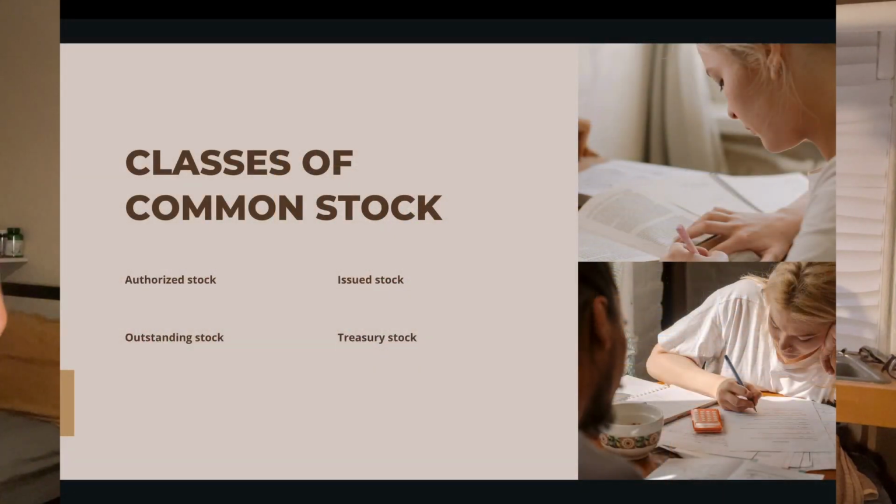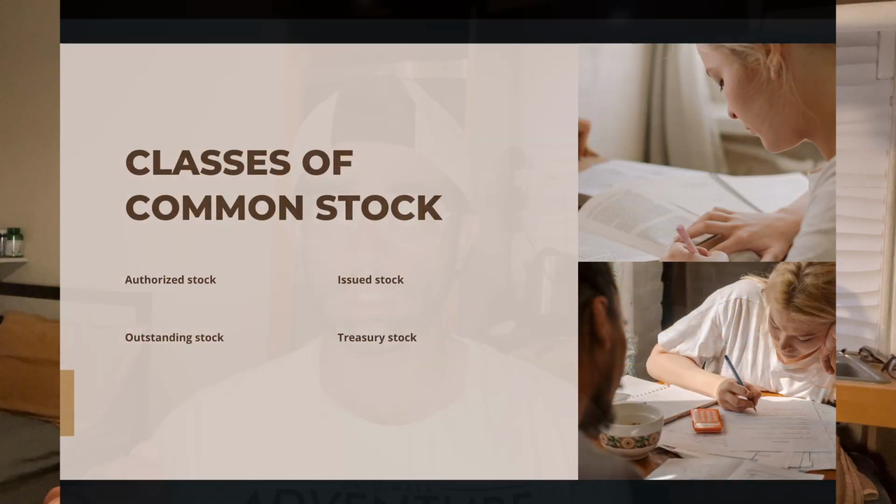If they only want to raise a certain amount of money, they're only gonna sell that certain amount of shares or stock. So out of those authorized stock, the amount of stock they sell to the investors is called issued stock. Now issued stock is referred to from the company's perspective.